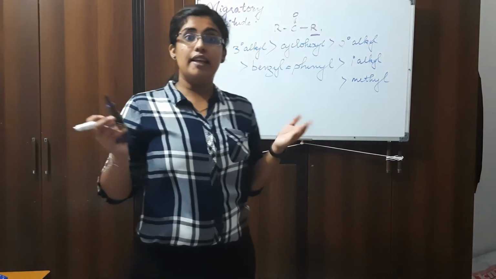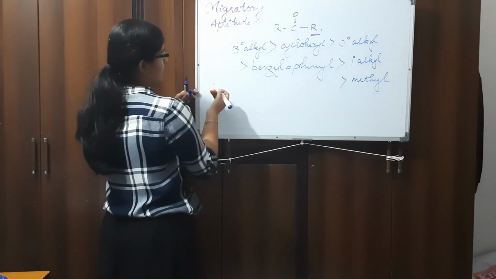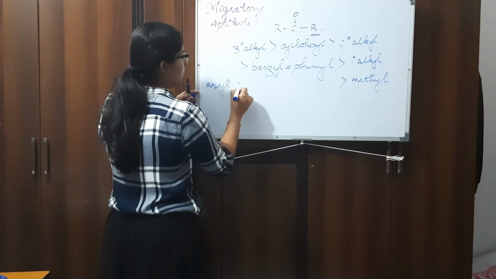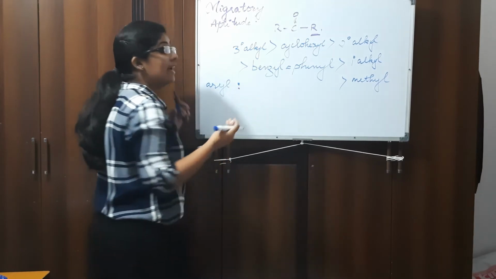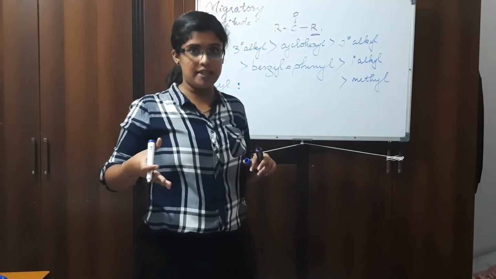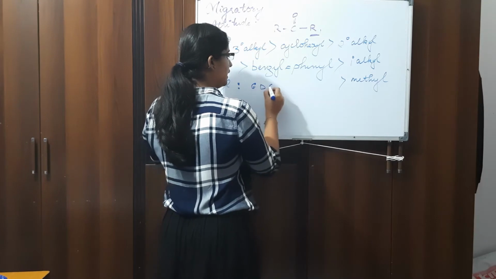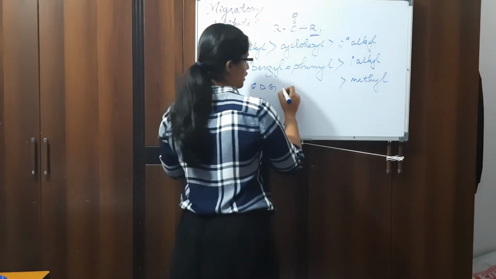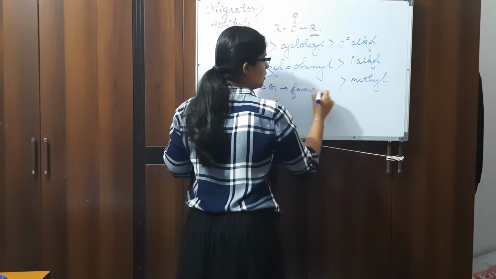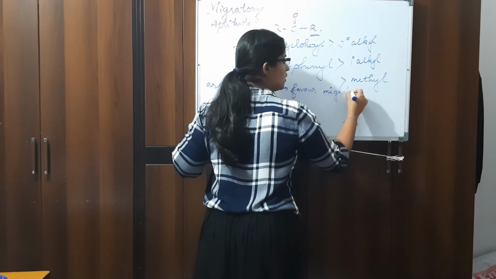Now if I consider the case of aryl groups, these are for alkyl groups, right? So if I consider the case of aryl groups, what happens? They can have electron withdrawing groups or electron donating groups, and electron donating groups, they favor migration. Why?